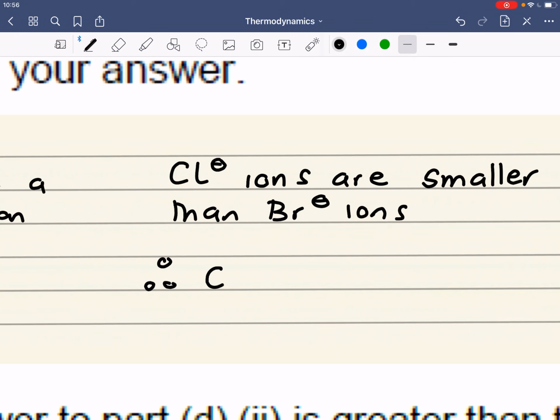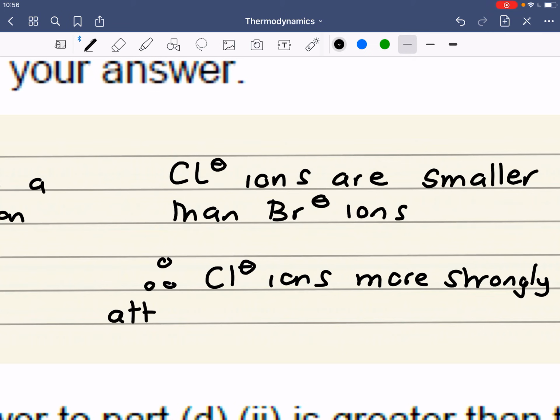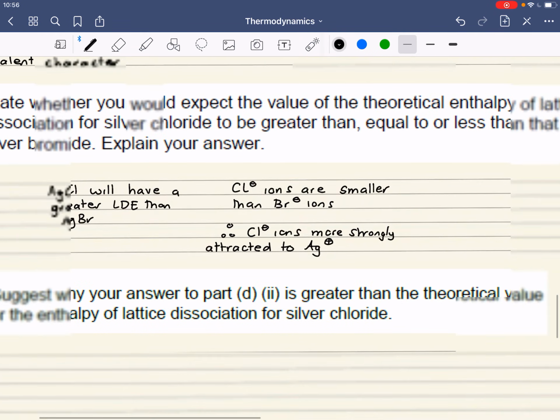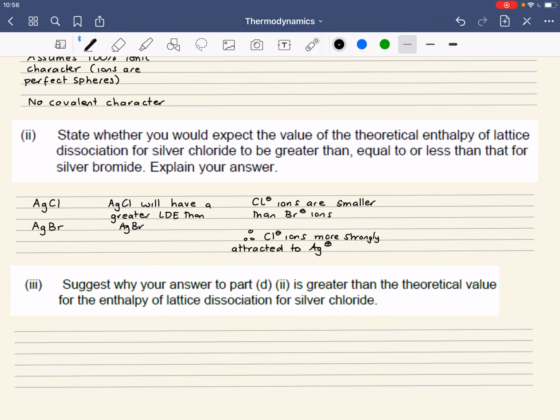Therefore, chloride ions are more strongly attracted to the silver ions. And that is a very complete answer there. Okay, and again, we've looked at that when we looked at both the videos on the Born-Haber cycle and the perfect ionic model. As the size of the ion increases, the magnitude of the lattice enthalpy will decrease.